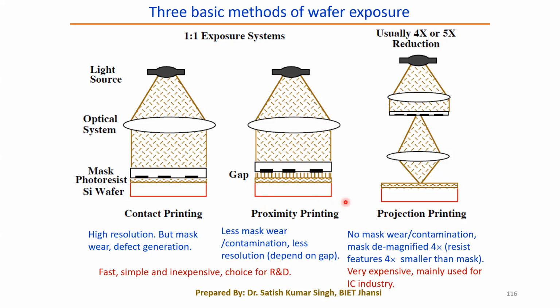So the rate of production of any wafer will be very small, so throughput will be very small. To avoid that, we first fabricate the photomask, and that photomask is further used for wafer exposures.